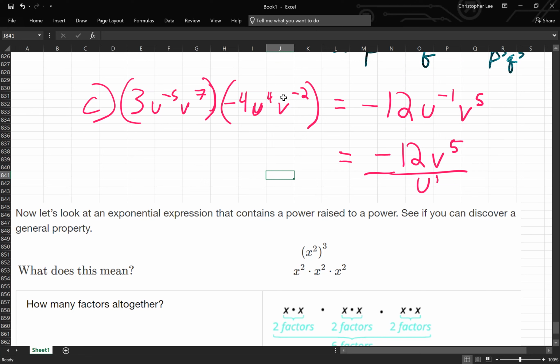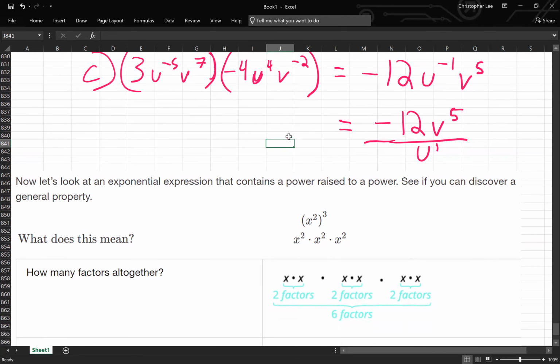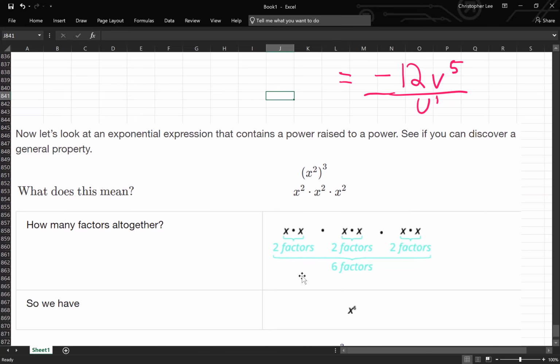I have x squared raised to the 3rd power. That means x to the 2nd times x to the 2nd times x to the 2nd, which means x times x times x times x times x times x. Count them. We have 6.